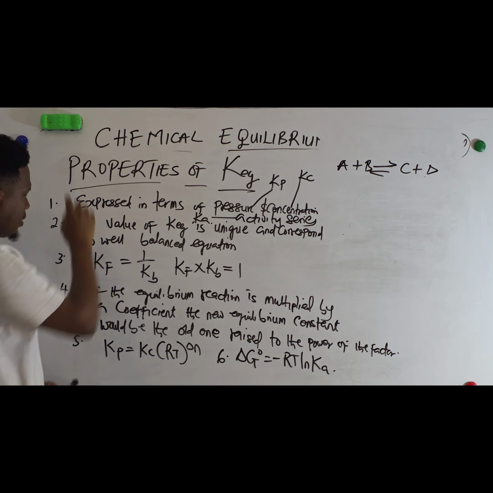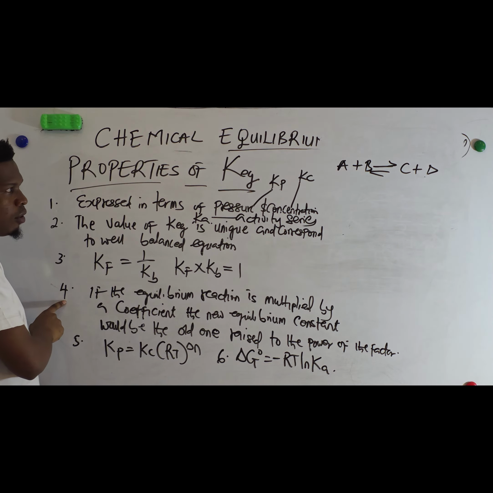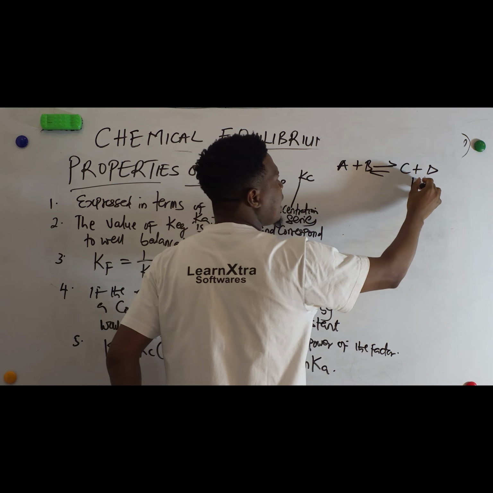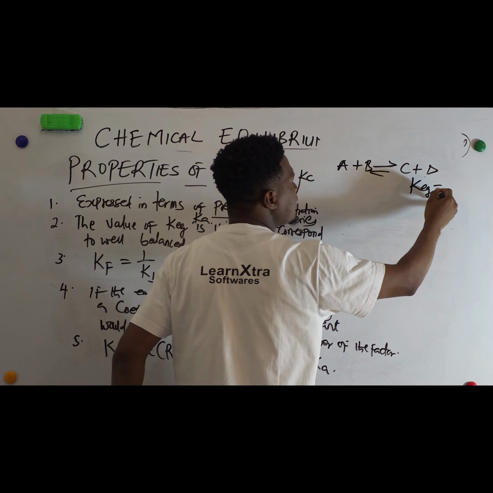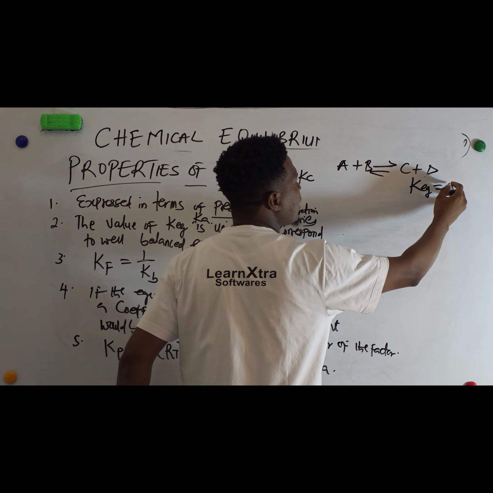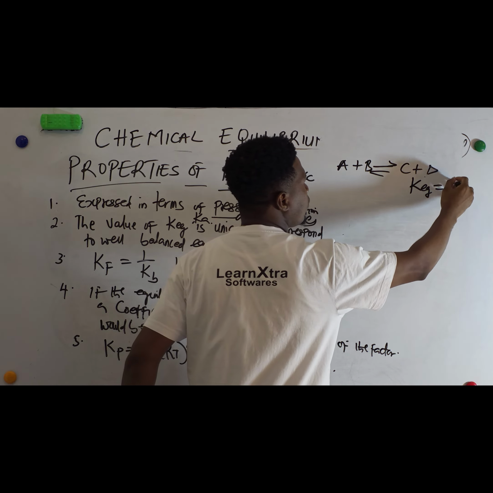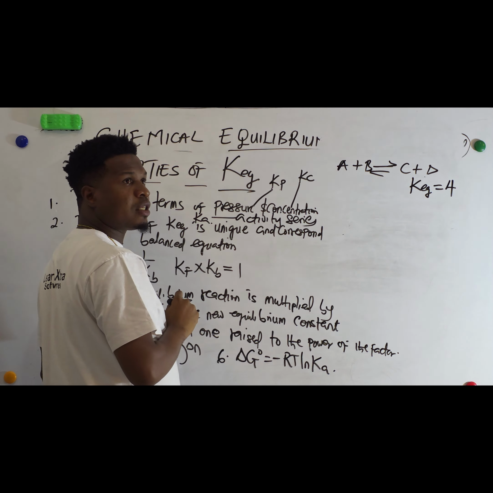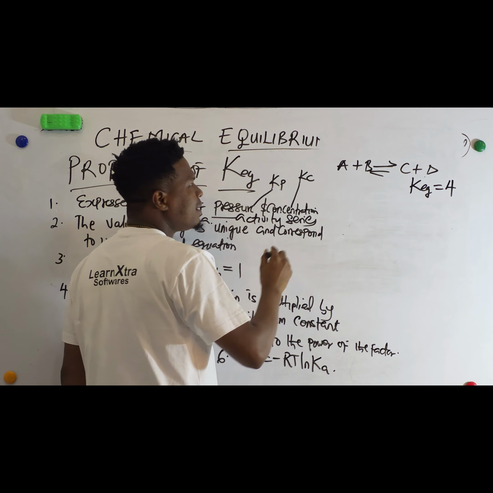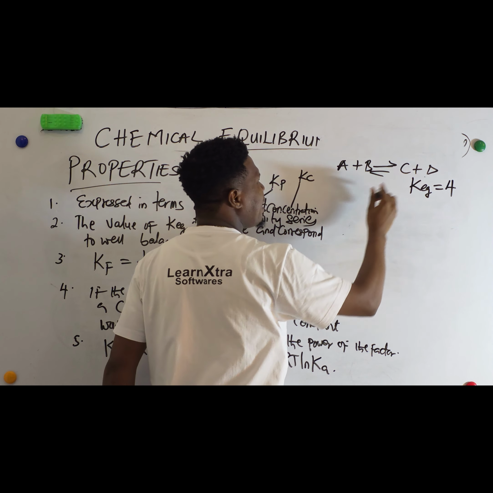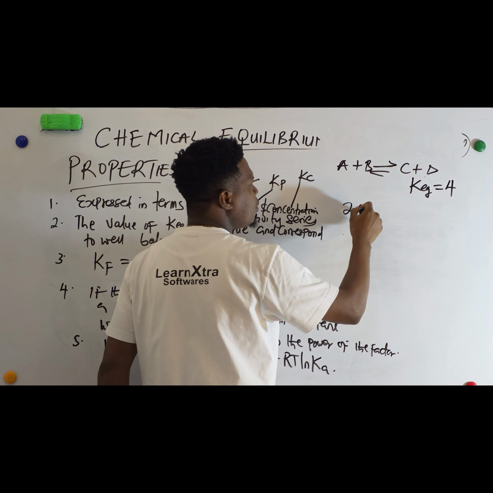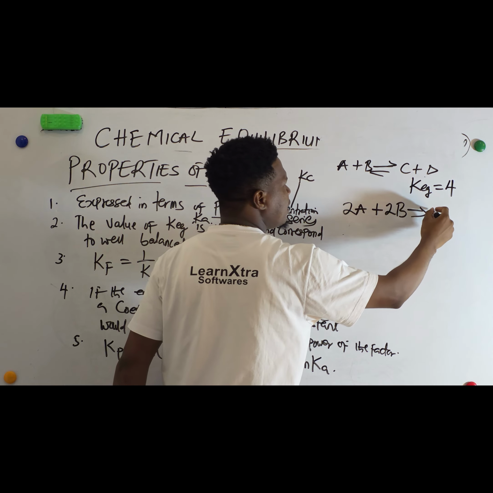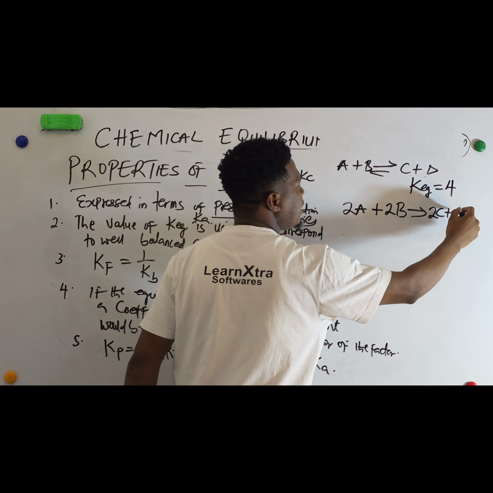Please look at property number 4. Let's say we have a reaction like this, and the equilibrium constant of this reaction is, for example, 4. I'm just making an assumption. If we now multiply this equation by 2, we have 2A plus 2B giving 2C plus 2D.